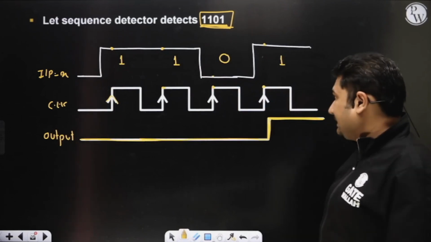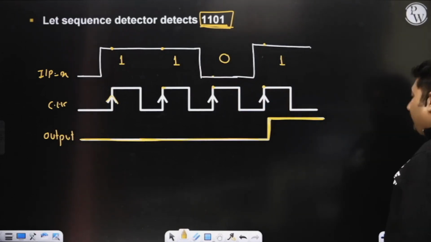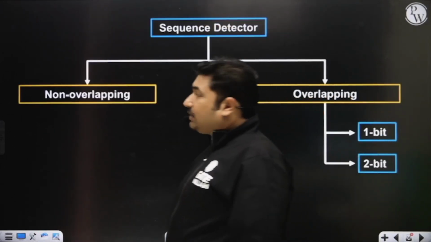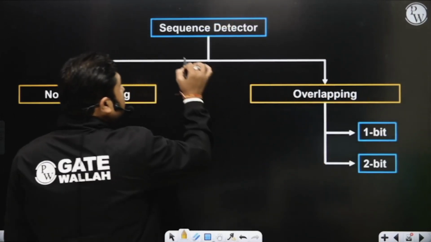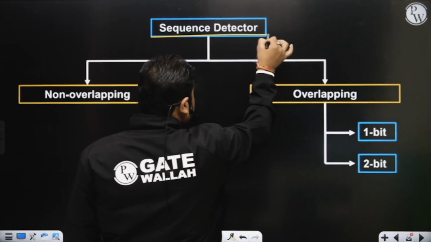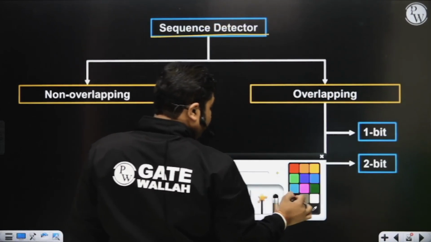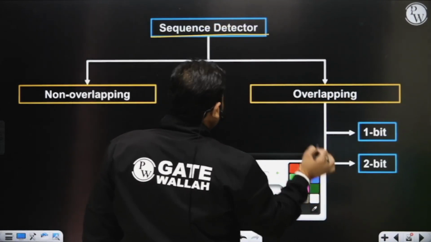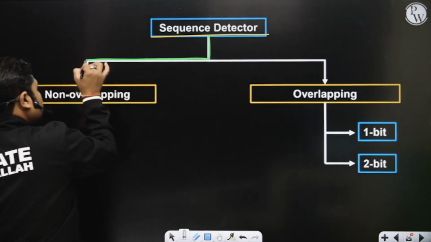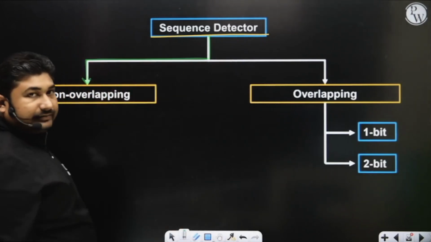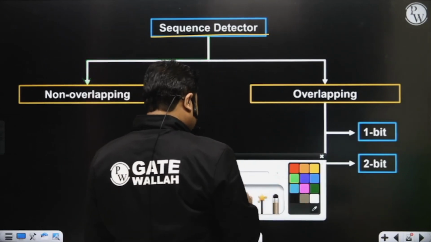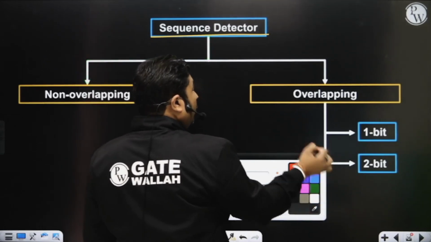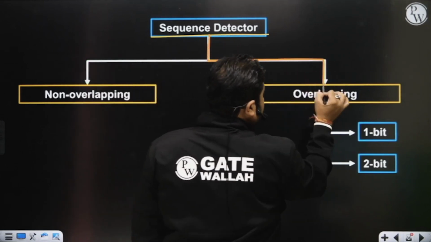Okay? Yes, sir. Great. Now, please try to understand. Sequence detector can be designed in two different ways. First one is non-overlapping sequence detector, and the second one is overlapping sequence detector.